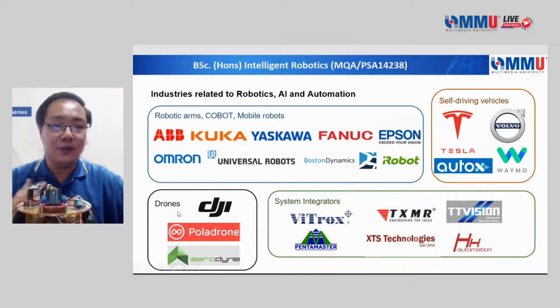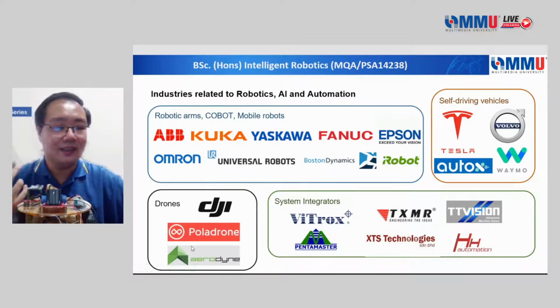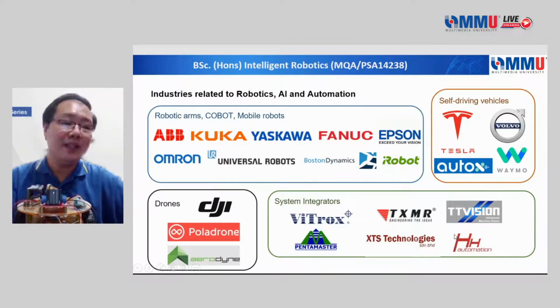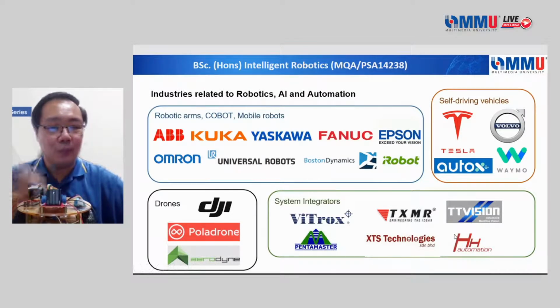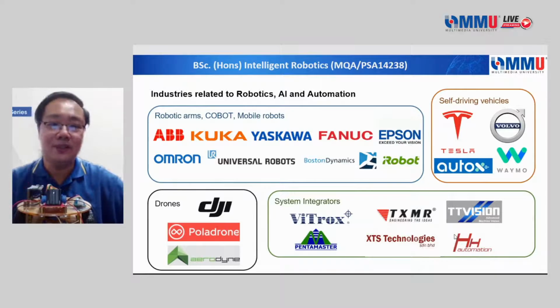There are also a number of local drone suppliers and solution providers. Now we have a lot of system integrators as well; we just listed a few here. Basically, system integrators combine hardware and software from different suppliers or manufacturers to come up with solutions for the industries.